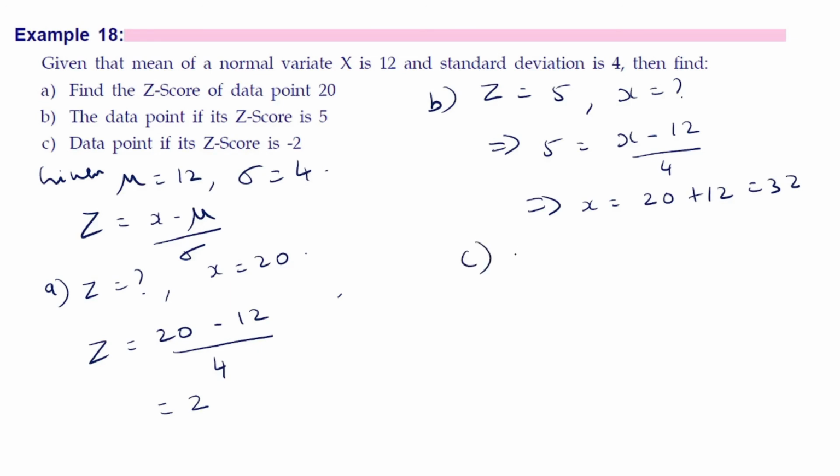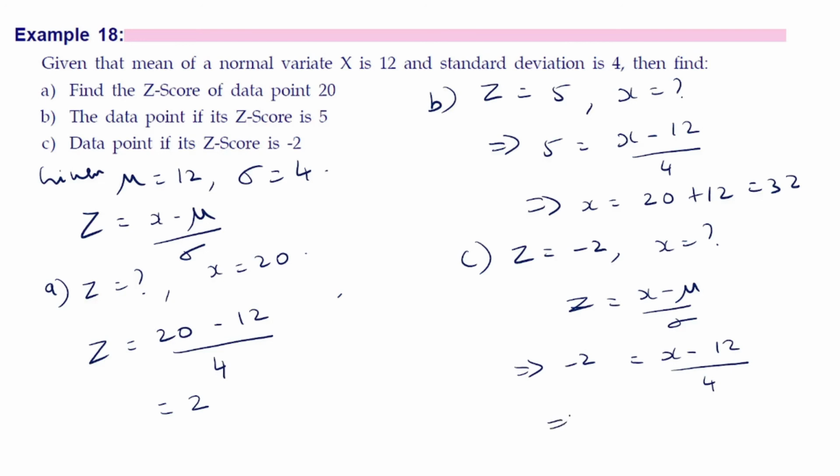Then the third subdivision, the data point if the z-score is minus 2. Again similarly we can do z is equal to x minus mu by sigma. Here z is given as minus 2, and from that we can find x. So we get x is equal to minus 8 plus 12, so it is 4.